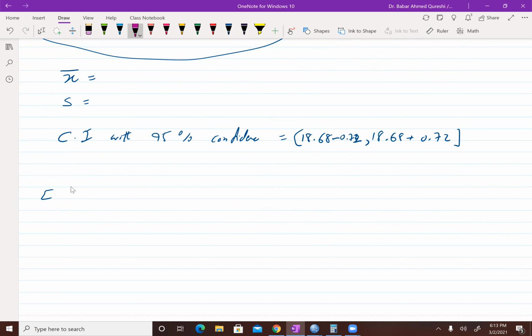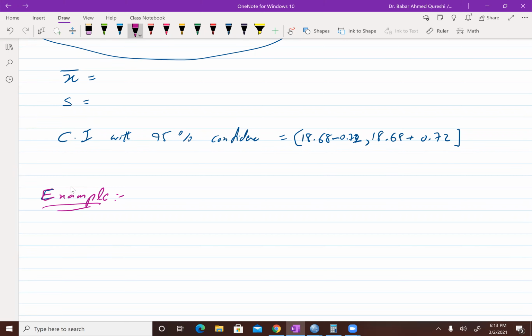So a school wants to estimate the average salary of the graduates 5 years after their graduation.